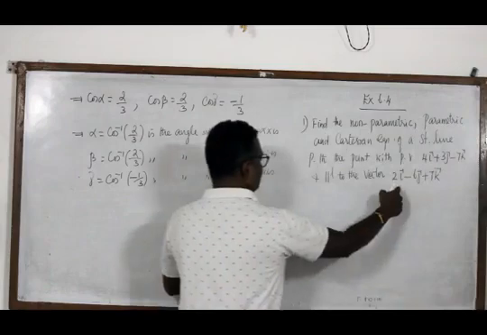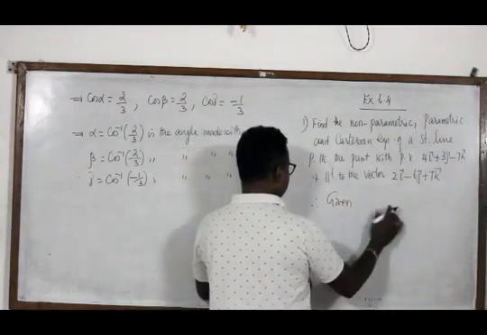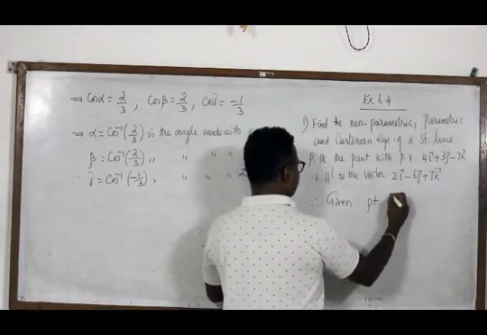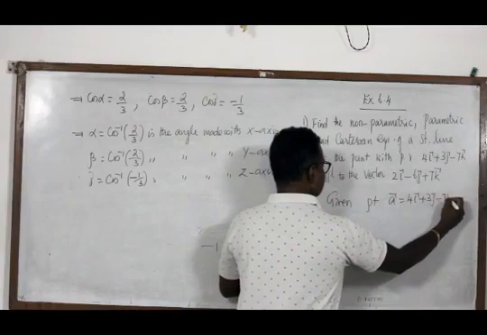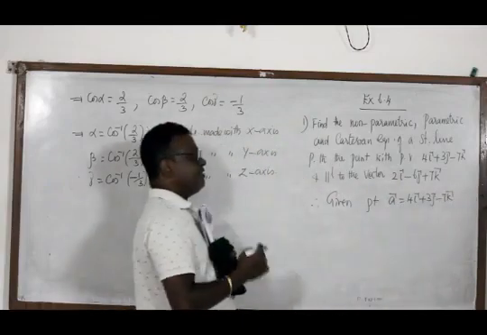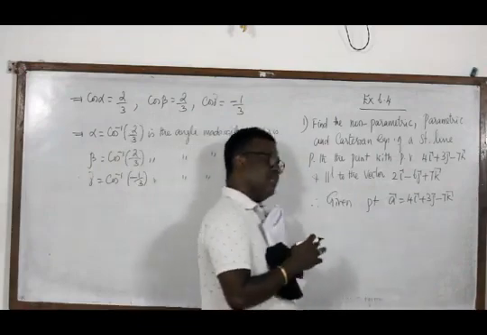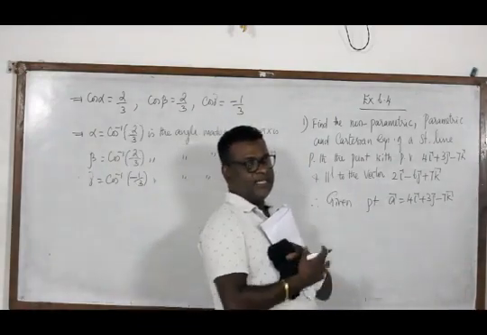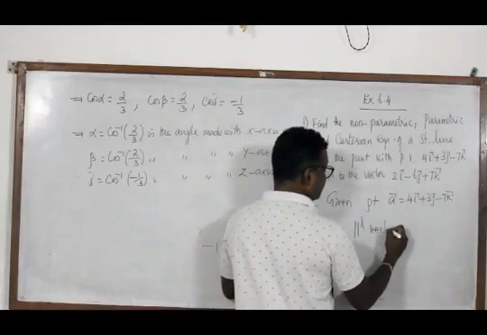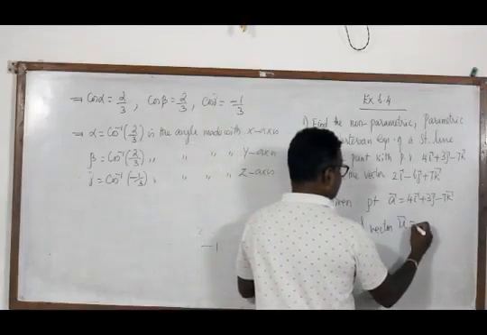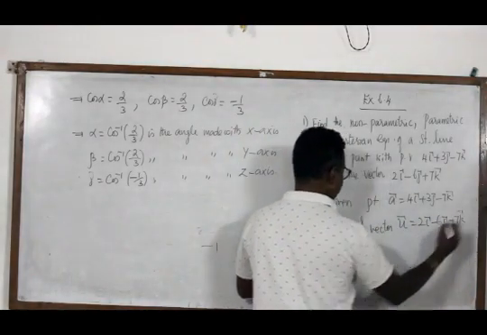So one point, one vector is given. We take the given point as vector A, which is 4i plus 3j minus 7k. We identify the point and the vector separately, and we decided to give the points as A, B, C and the vectors as U, V, W. So the parallel vector U equals 2i minus 6j plus 7k.